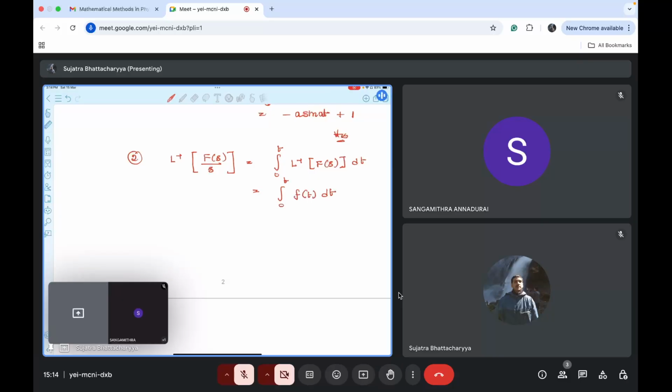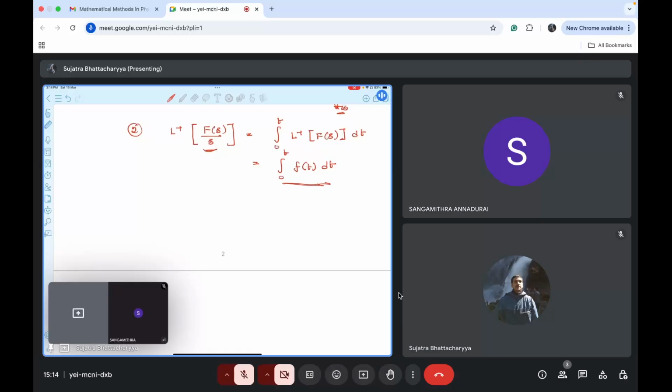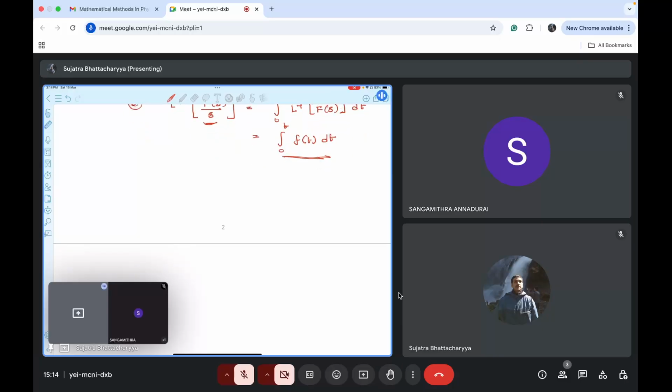That's all. Okay. So this is known, right? We have seen the Laplace transform of this in the last class. The Laplace transform of this part is nothing but F(s) by s. So let's just take the inverse to get that. Okay. So we will solve a question for this also.